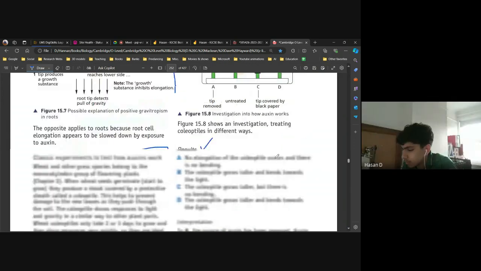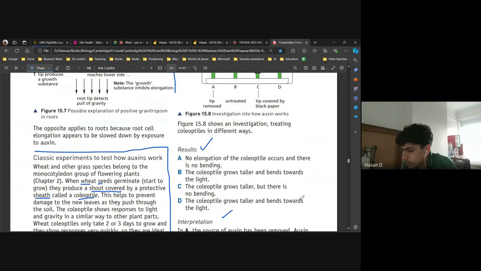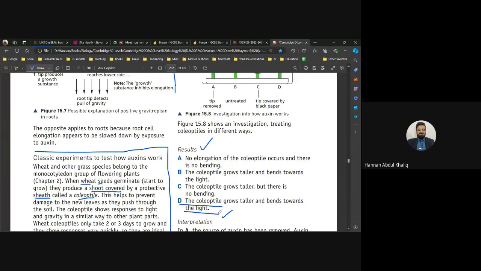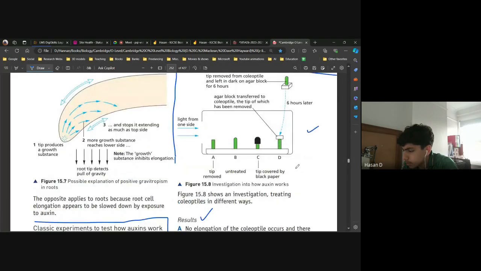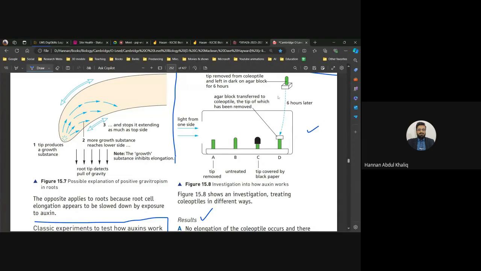I don't understand what they're doing. See, class, basically they are telling you that it is the coleoptile that is the source, no other part of the plant. How is it being proved? You removed the coleoptile, you put it over the agar block, then you took off the coleoptile and took the agar block.